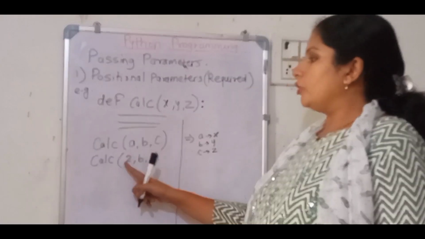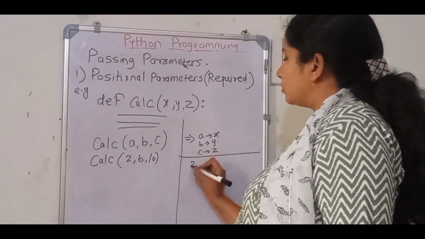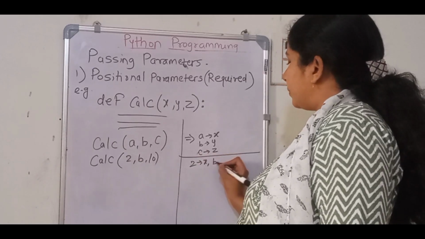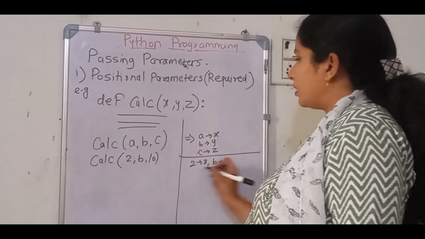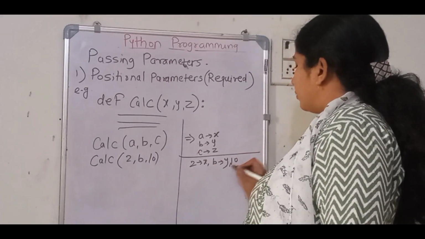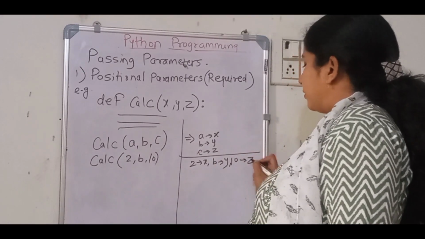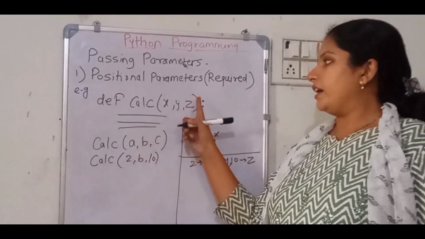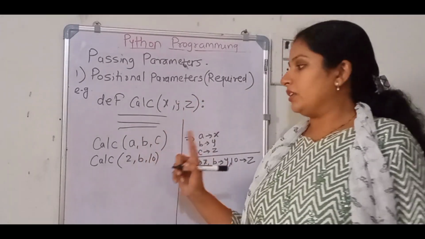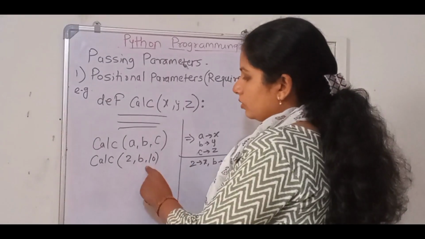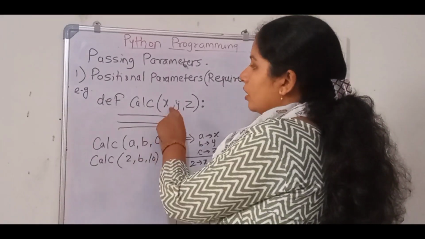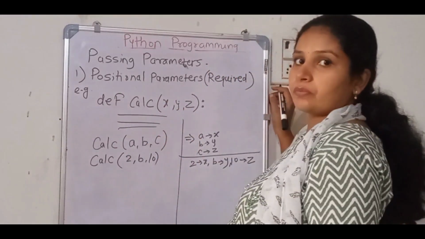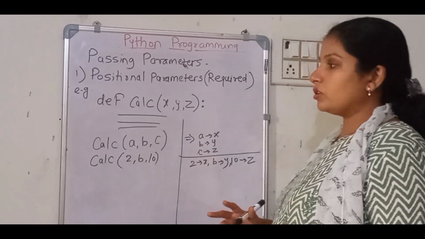So here 2 will be assigned to x, b will be assigned to y, and 10 will be assigned to z. So here x is equal to 2, y is equal to b, and z is equal to 10. That means according to the position you have assigned the value, or you have passed these parameters to the name or to the variable.